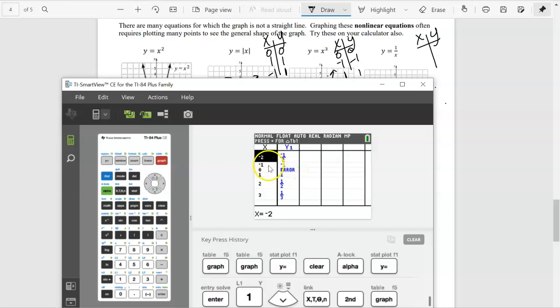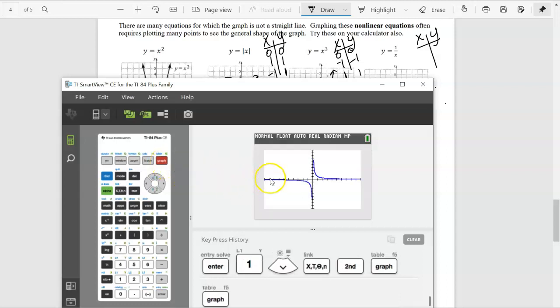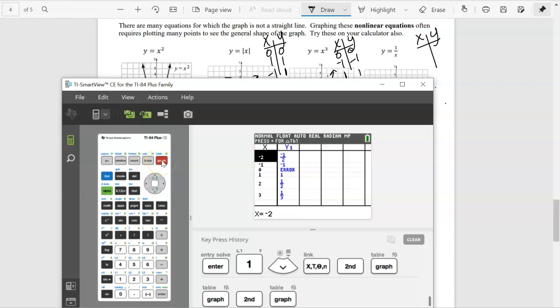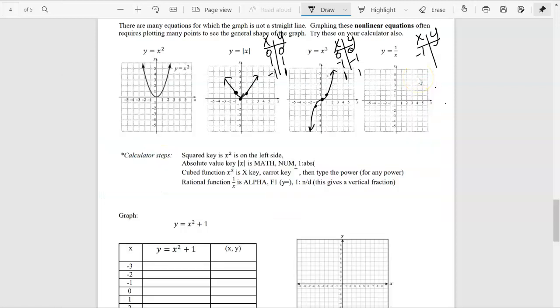But here's a good one, (-1, -1). Let's look at the graph of this. (0, 0) kind of cuts that right in two. So we want some easy things to graph. We said (-1, -1) was one of them.